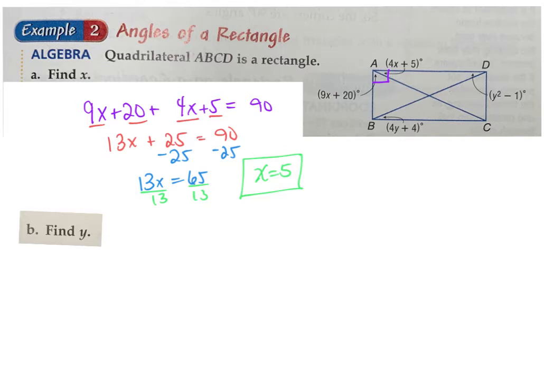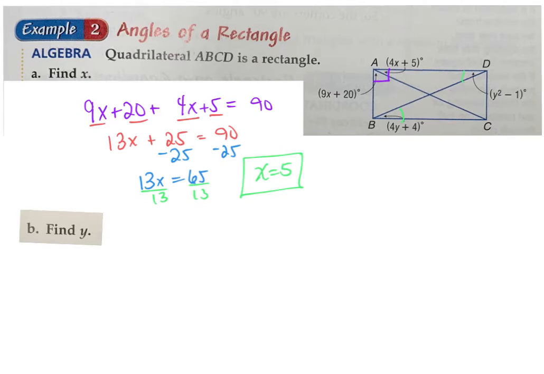Now, the only thing we know so far is that, just like in every other one that we've looked at, these are alternate interior angles. So we can just solve for y by setting those equal to each other, just like we did on the first. So we can just say 4y plus 4 equals y squared minus 1.